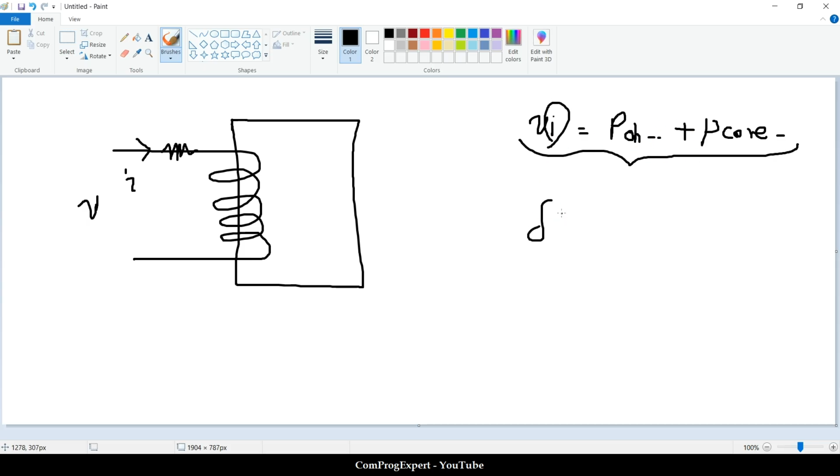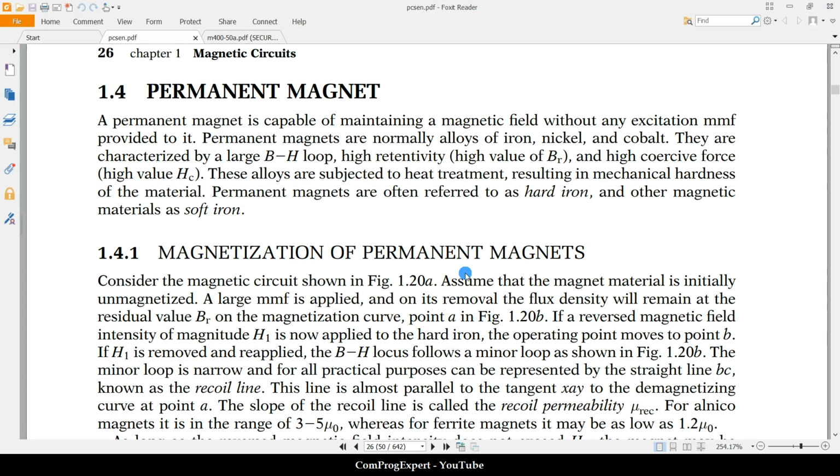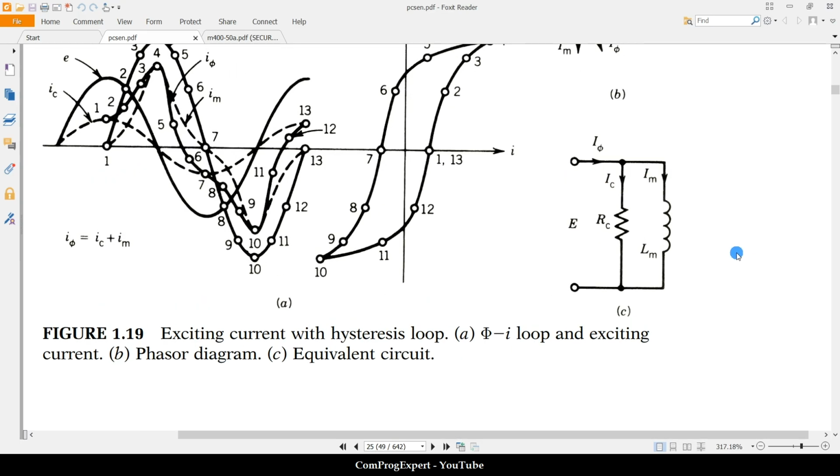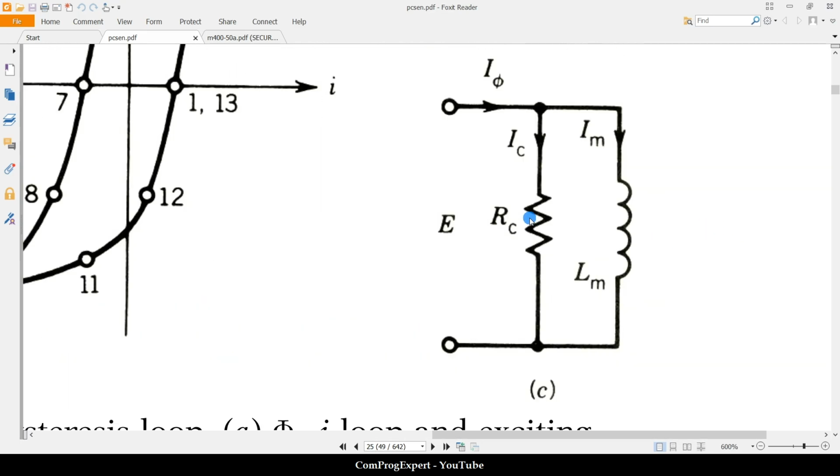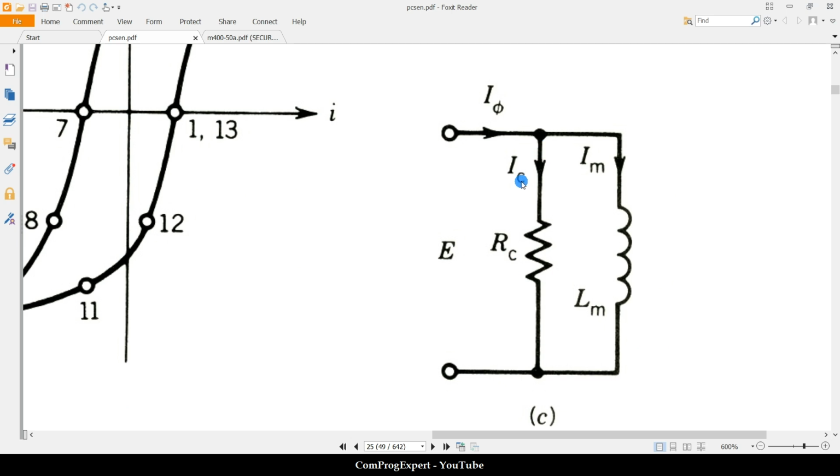In the previous formulation, this one, integral of H dot dl equal to NI, we calculated the maximum current needed to build up the H max. But here, you remember this figure from the chapter, we need to include this core loss current in the magnetizing current that we have.